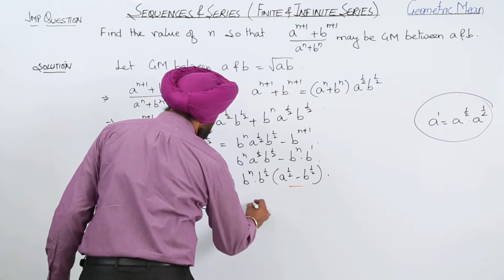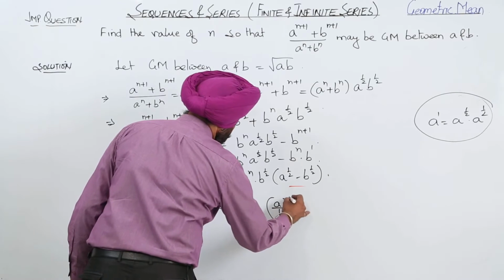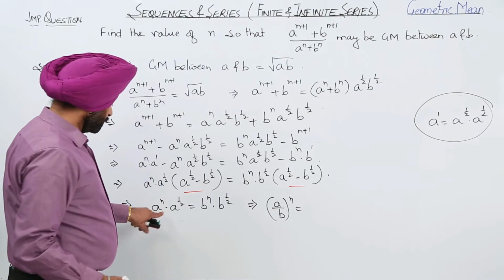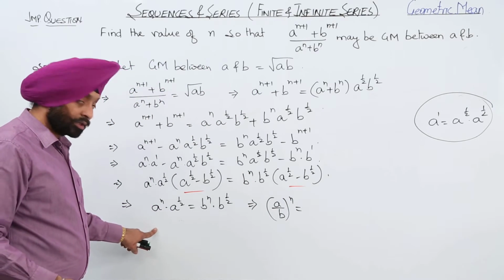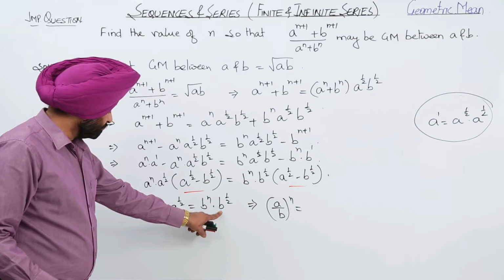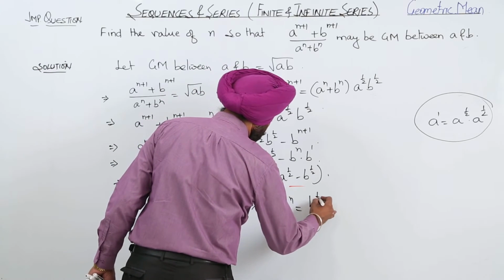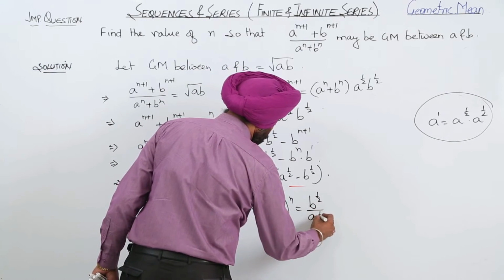To this now further what we can write? (a/b)^n, this a^n and this b^n comes down, and that side b^(1/2) upon a^(1/2), b^(1/2) upon a^(1/2).